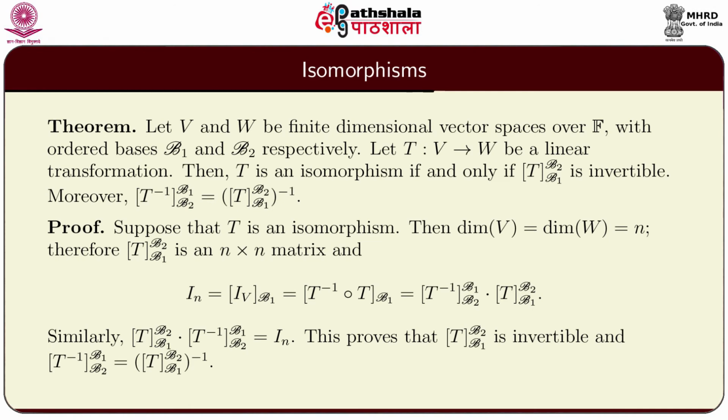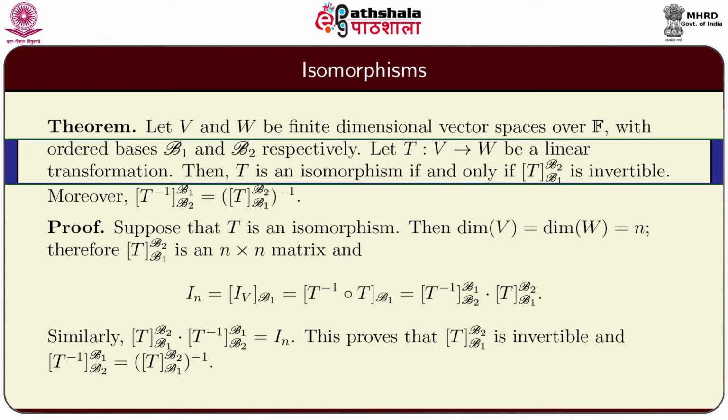We now talk about the matrix representation of the inverse linear map with respect to ordered basis. The theorem says, let V and W be finite dimensional vector spaces over a field F with ordered basis B1 and B2 respectively. Let T from V to W be a linear transformation.